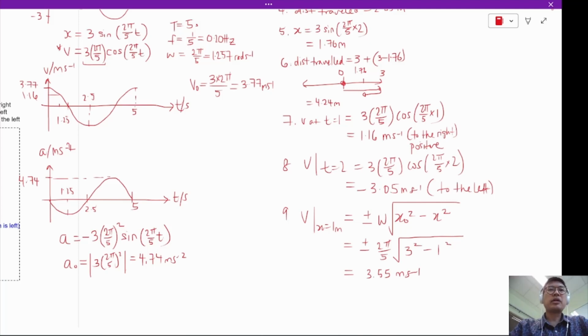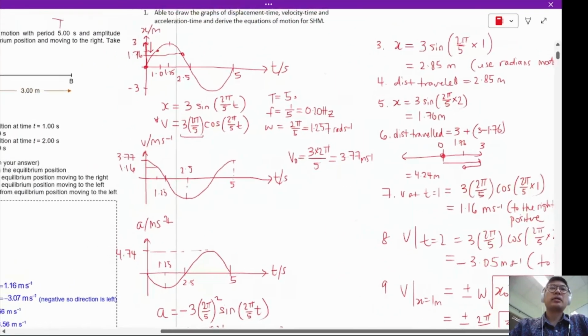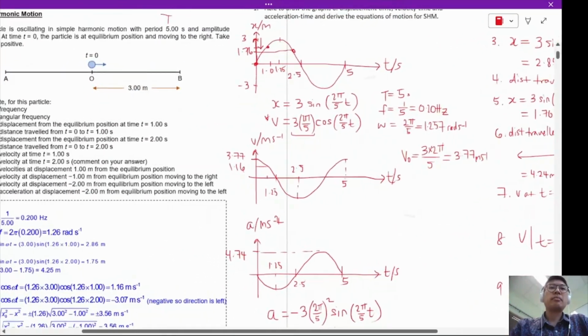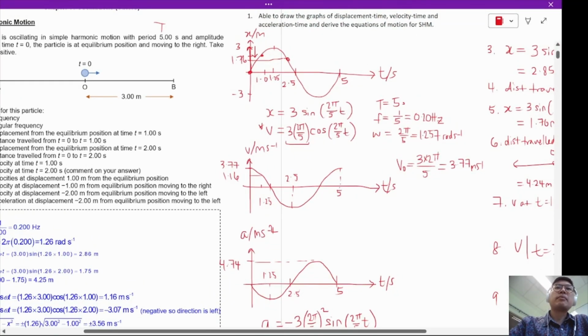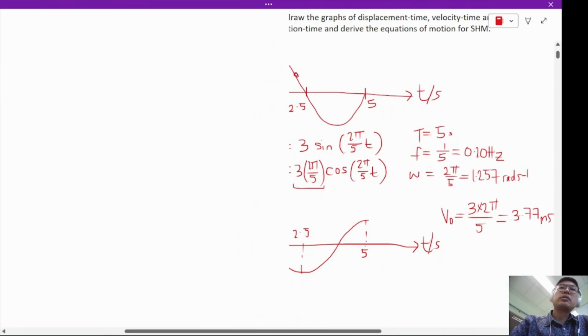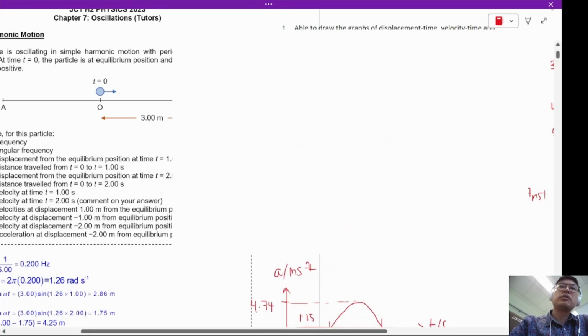Now we need to figure out whether it's to the right or to the left. So let's compare the possibilities. When is the displacement 1 meter from the equilibrium position? You know that the maximum amplitude, the maximum displacement, is 3.